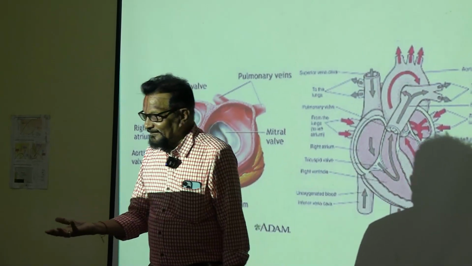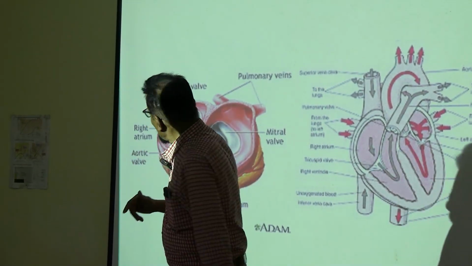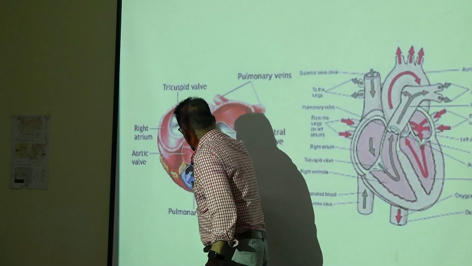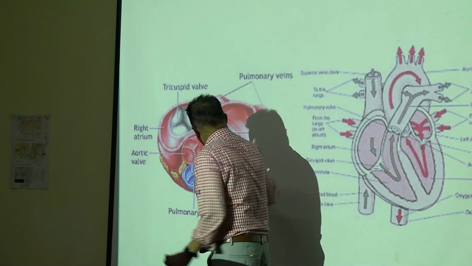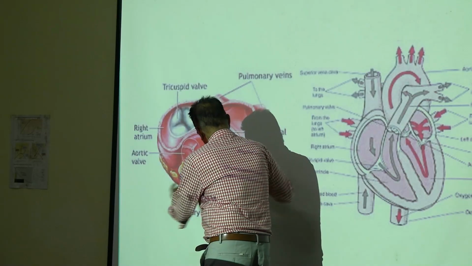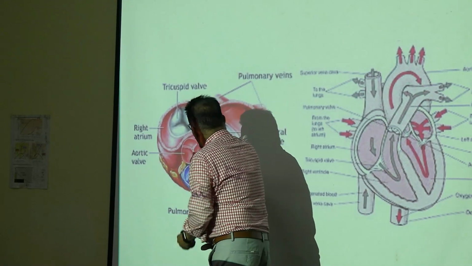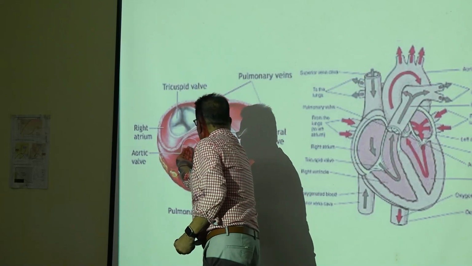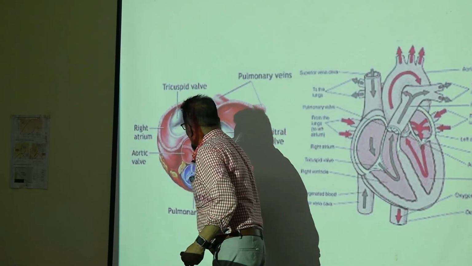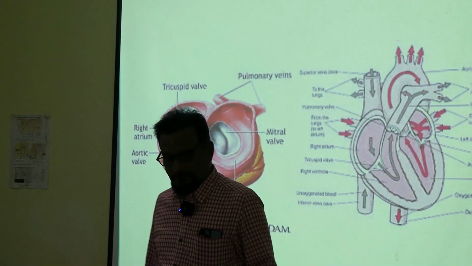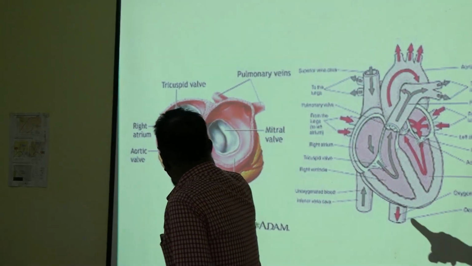Otherwise, what would happen? Now, it will cause opening of this valve. When the pressure within the ventricle is too much, it will cause opening of this. So these cups will open, these cups will open, these cups will open. So blood will enter into the aorta. The same thing will happen there.